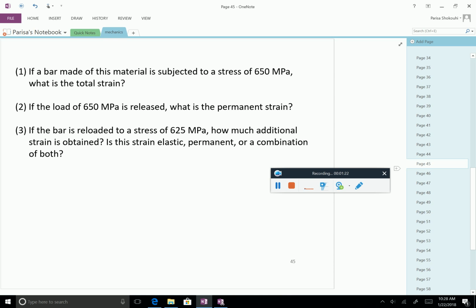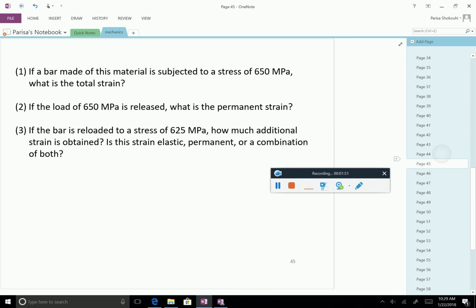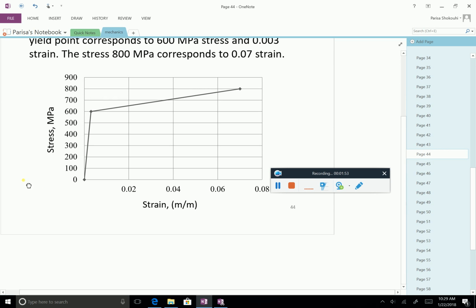So one is, if we apply 650 megapascal, how much strain are we going to have? To do that, let's work here on this figure.